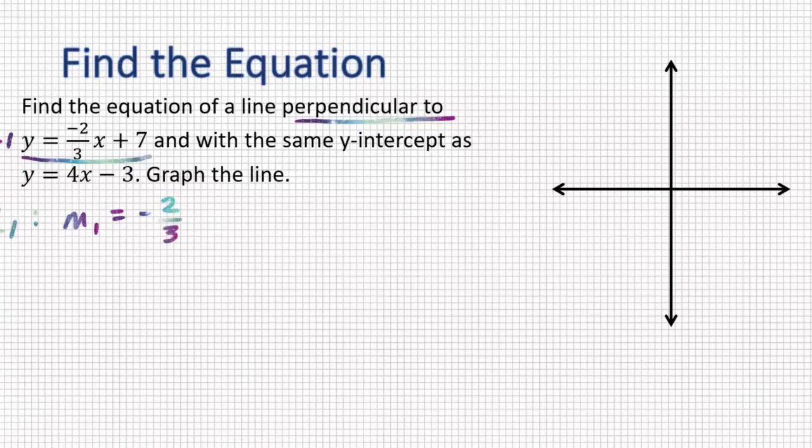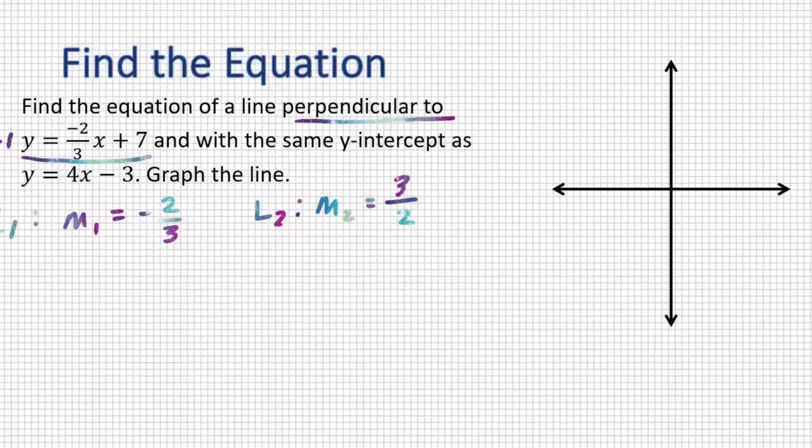Since the line we're interested in drawing is perpendicular to line 1, I'll call the one we're interested in line 2, and its slope must be the negative reciprocal. So the slope of the line we're going to draw, and whose equation we're going to write, is positive 3 over 2.